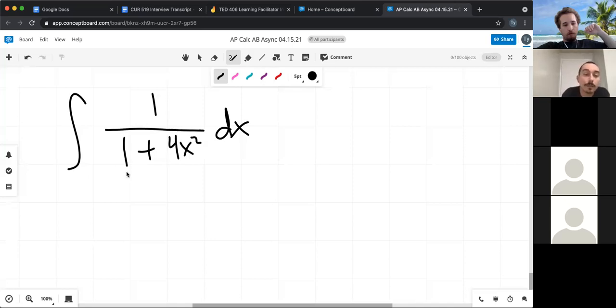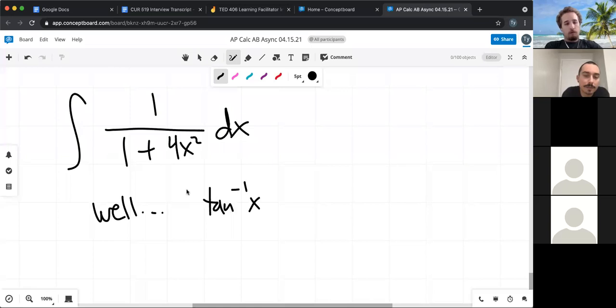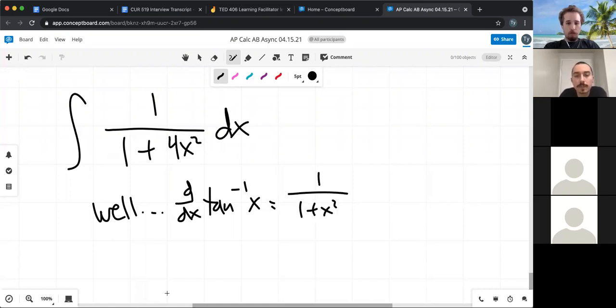So yeah, this kind of looks like the inverse tangent of x. The derivative of the inverse tangent of x is 1 over 1 plus x squared. So it's not quite that, right?